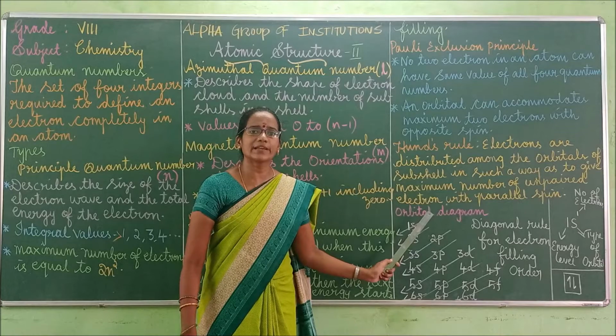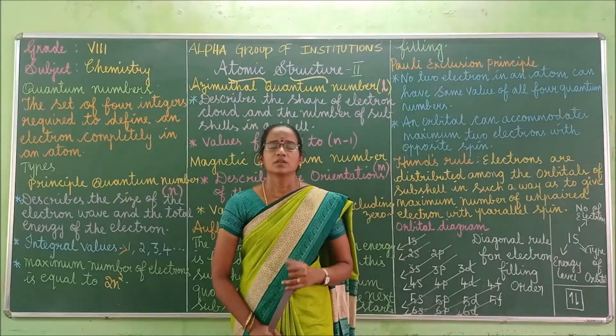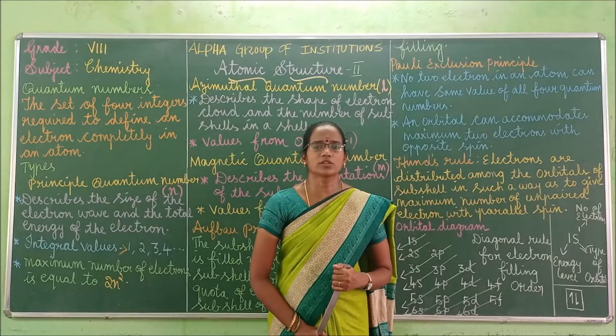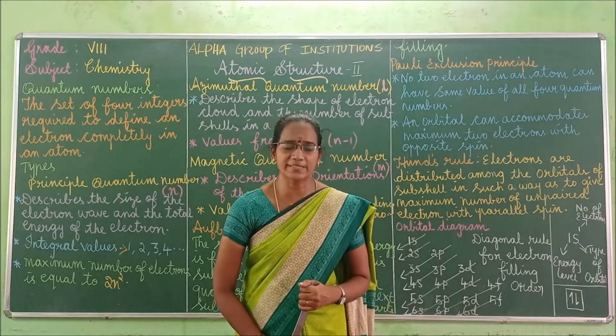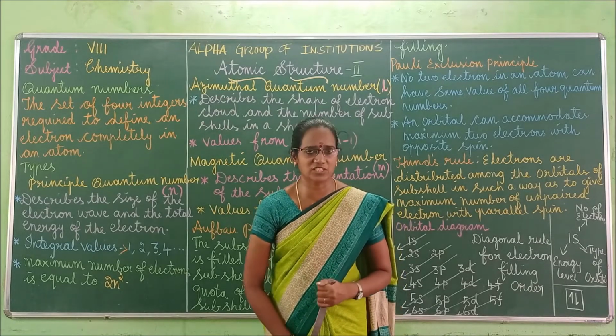So next we can move to orbital diagrams. Orbital diagrams are the pictorial representation of the arrangement of electrons in an atom.